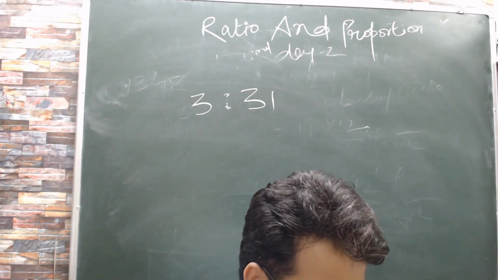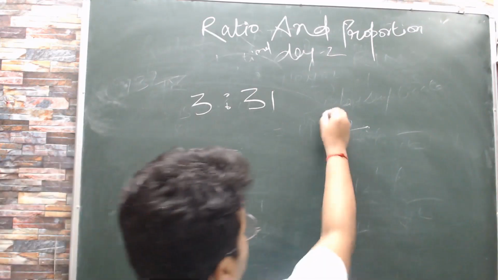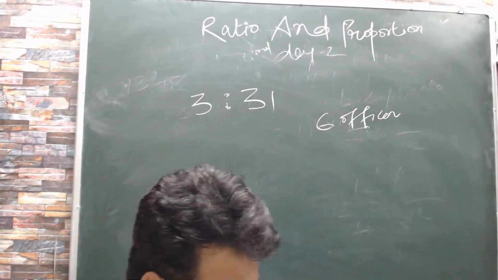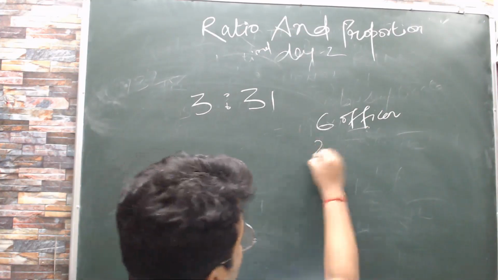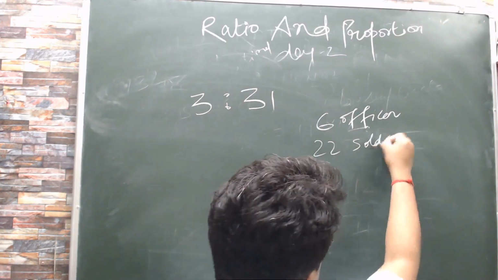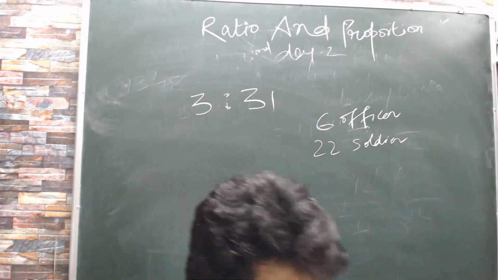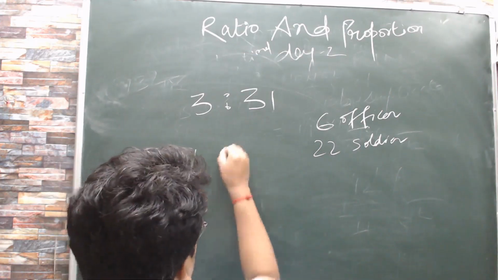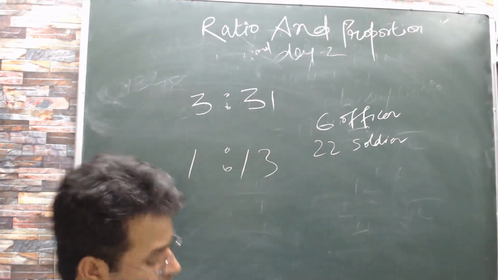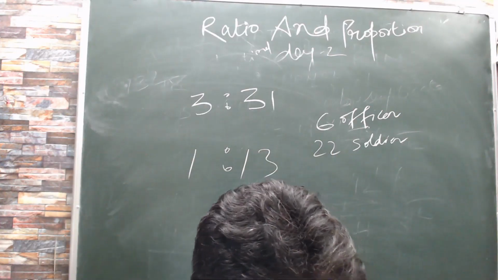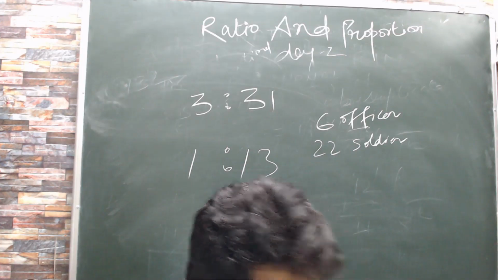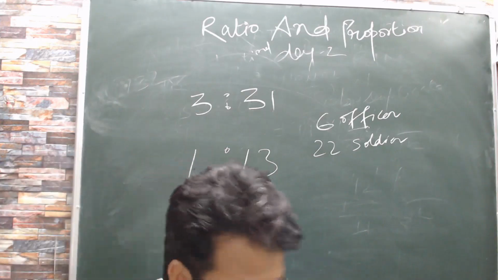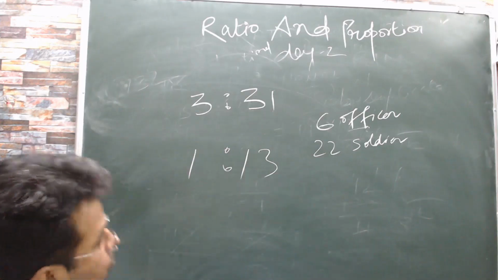In battle, 6 officers and 22 soldiers were killed, and the ratio became 1:13. After this, the ratio became 1:13. Find the number of officers in the regiment before the battle.